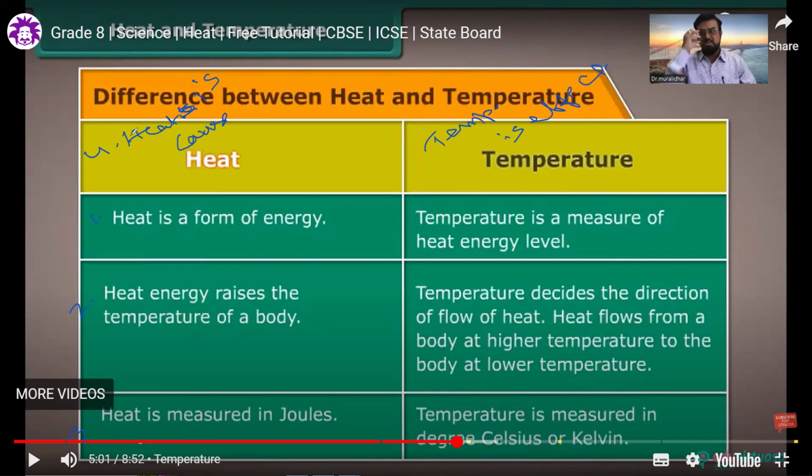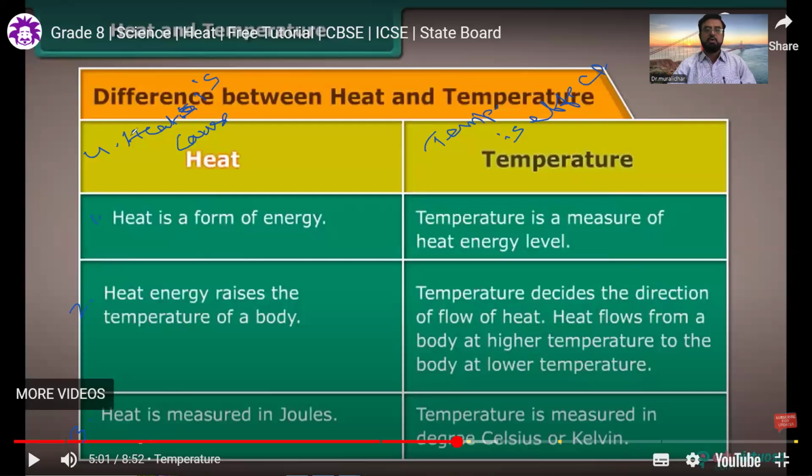Heat is cause, like force and motion. Without force, there is no motion. So force is called cause, motion is called effect. Similarly here also, without heat, there is no temperature. If you complete it, we'll go forward to the video again.